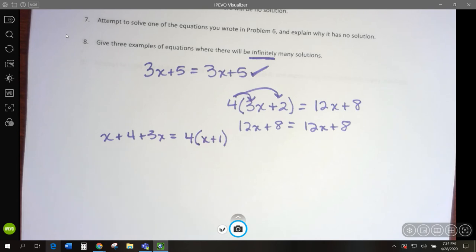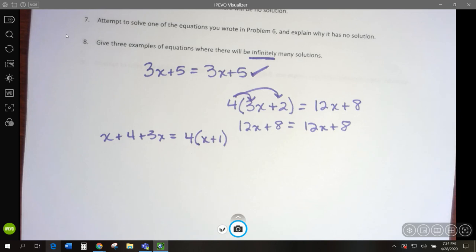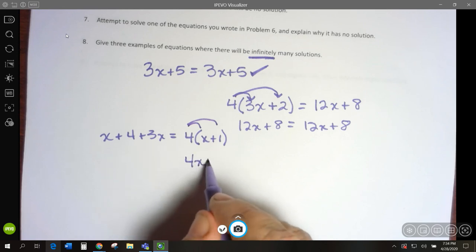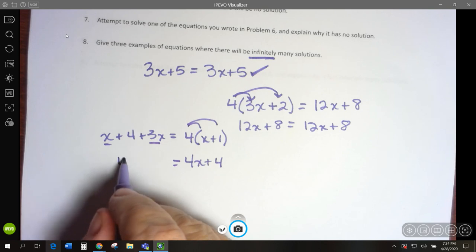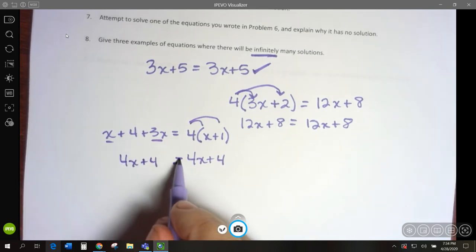Now, number 9 says to solve one of these to prove that we have infinite solutions. So let's work on this one. First, do our distributive property. We get 4x + 4. Here, combine your like terms: 4x + 4, right? They look the same.